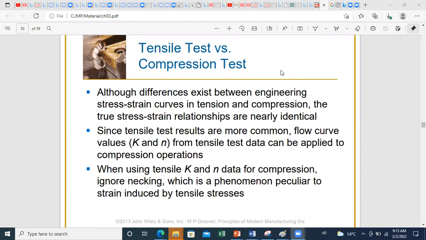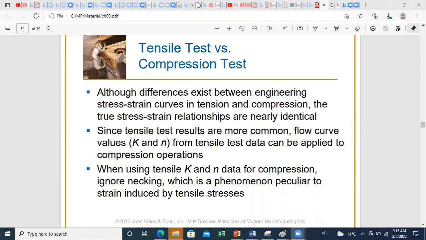Especially for ductile materials, tensile and compression tests in true curves are very similar. This is why we can extrapolate tensile test results to compression test results. So the flow curve values K and N from the tensile test can also be applied to compression operations.